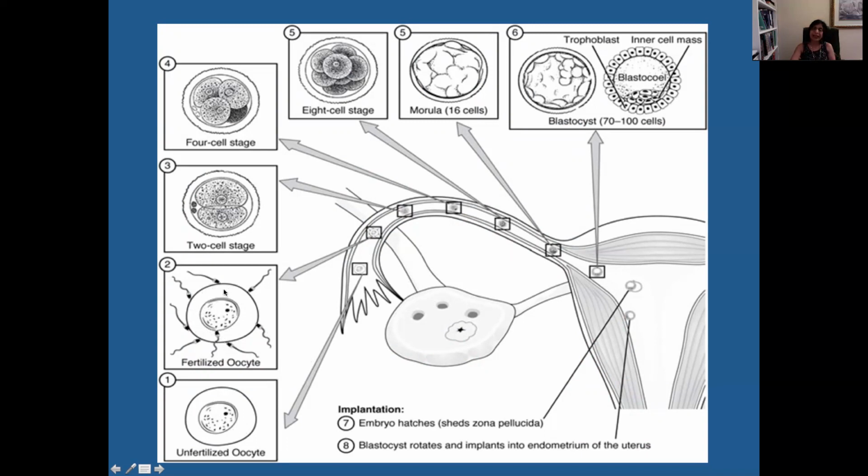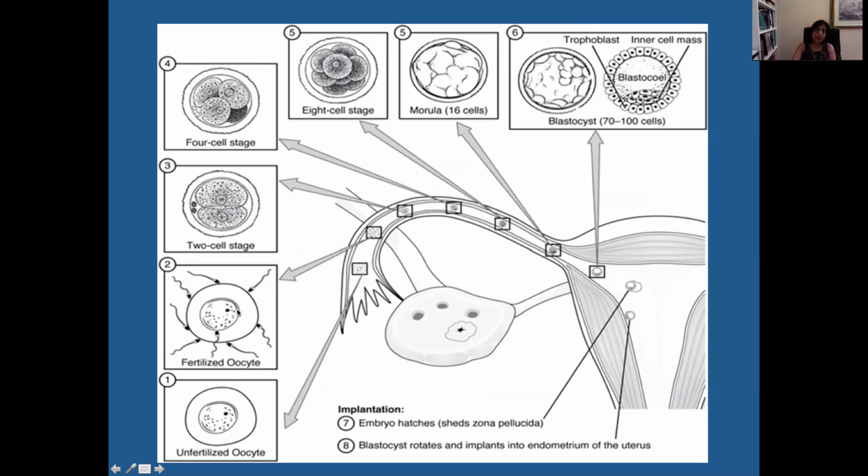And this is the corona radiata and the zona pellucida area that they're working on. So all of that happens in the fallopian tube, in different parts of the fallopian tube, away from the ovary as things continue to occur.